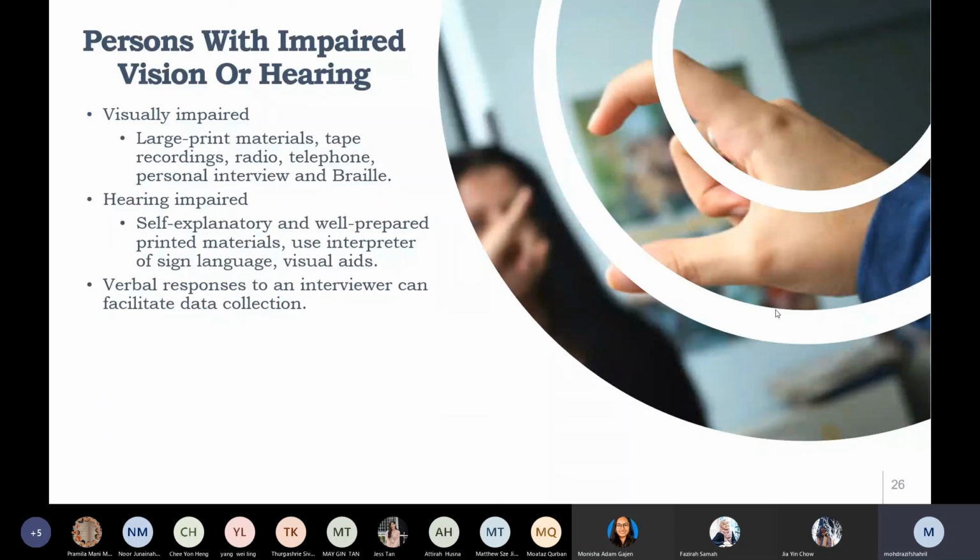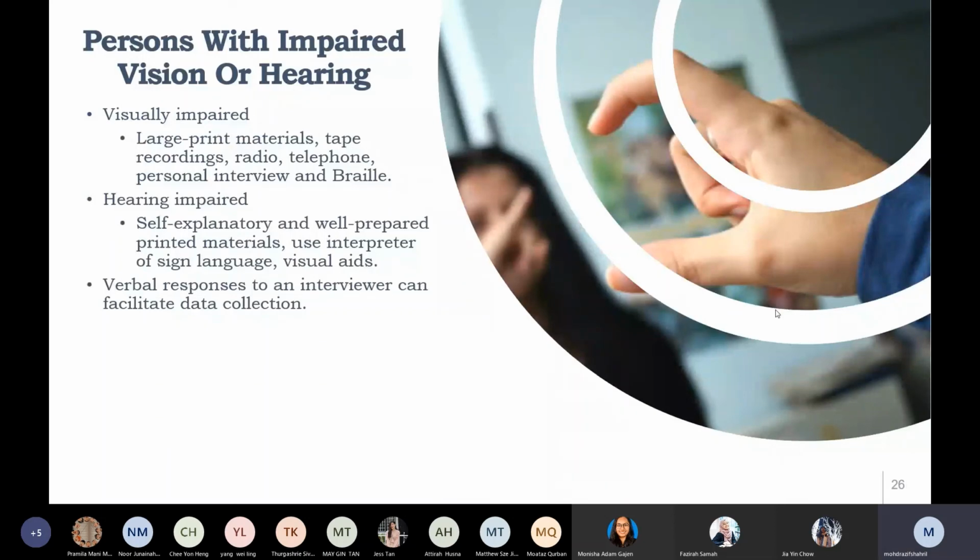The instruction must be clear because they cannot hear you explain or hear your instruction. They can only read the instruction, so it must be self-explanatory and well prepared. You can also use an interpreter using sign language, and also visual aids to collect data. Verbal responses to an interviewer can facilitate data collection.